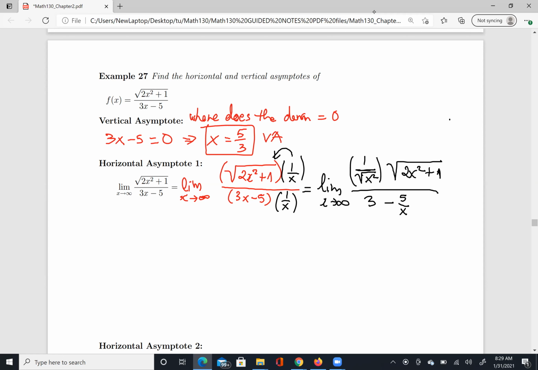Okay, now time to put the 1 over square root of x squared into the radical.